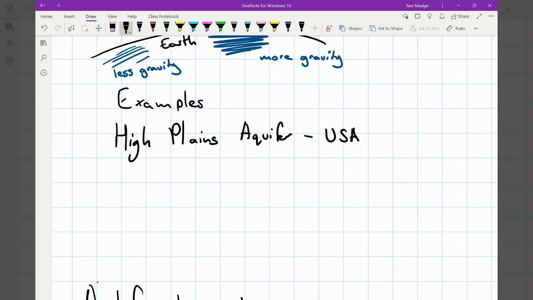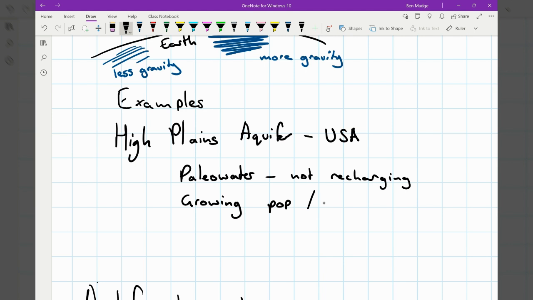And it's made up actually of a number of different aquifers, but it's really important for agriculture, and it's largely fossil water, so paleo water, which is not being recharged, which is a major problem for sustainability, given how important it is for a growing population and agriculture.